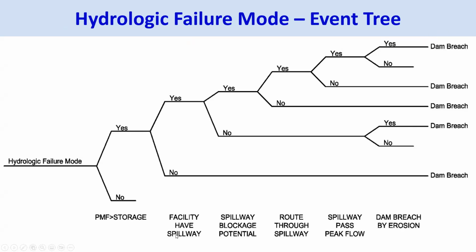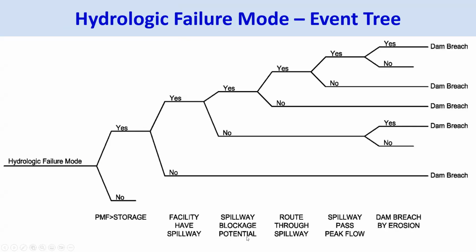Okay, and for each of these branches, we calculate different things in the background. So if you selected in the tailing dam tool that the tailing dam has a spillway, then we take this branch.